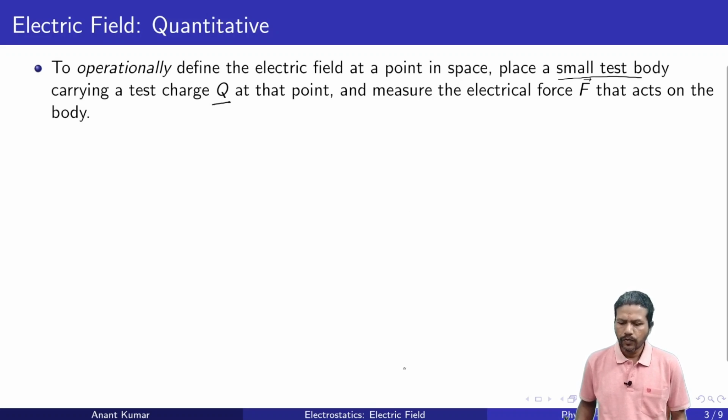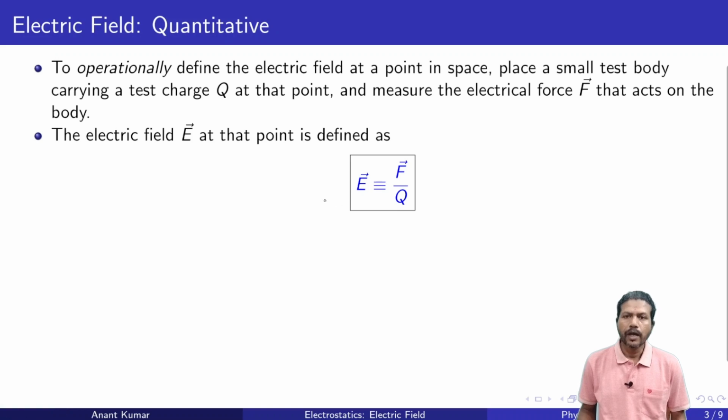Measure the force F that acts on the test body. Then the electric field at that point will be, by definition, the force divided by the test charge. So the electric field E is nothing but the vector F upon Q.